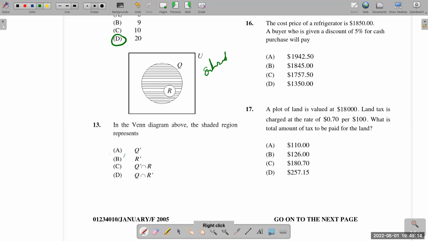It can be A, it can be C. So it's between R and Q, because this is saying everything but Q. How could it be everything but Q when Q is shaded? So it must be everything but R, but which one is it?